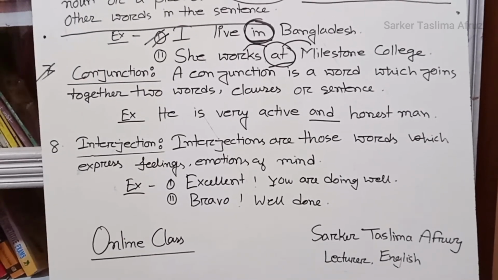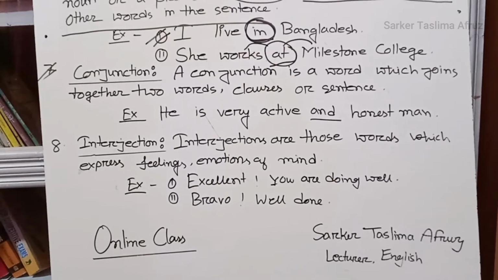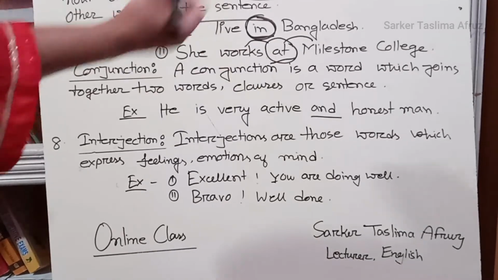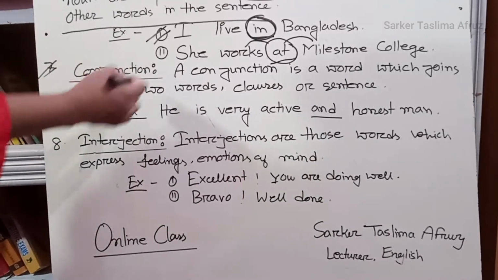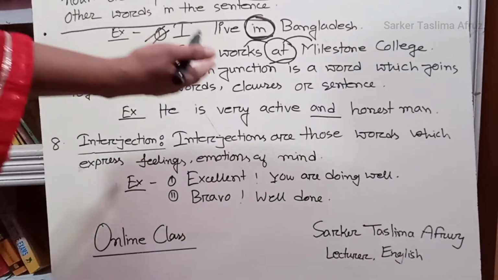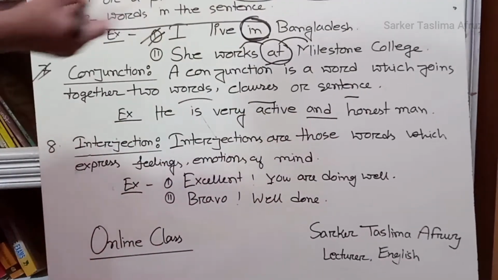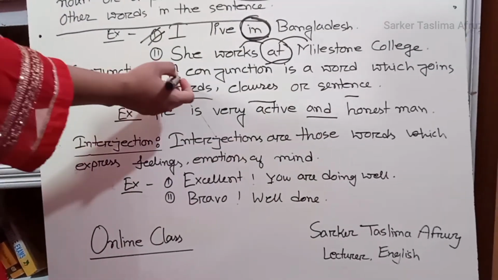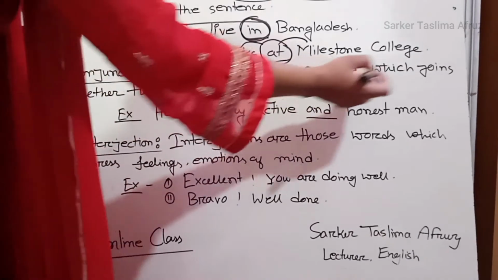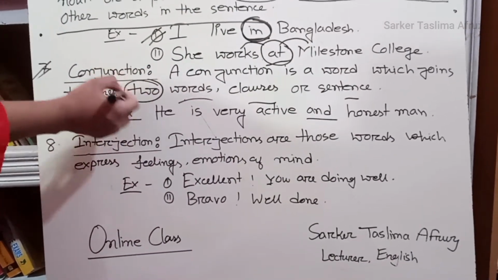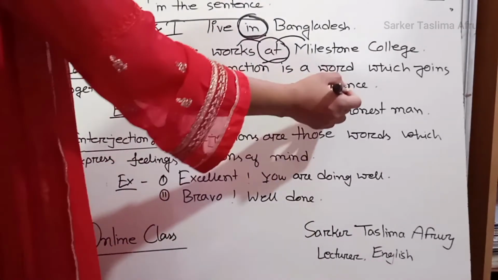So dear students, if we want to write a nice and attractive sentence, it's important to know about conjunctions because they help you join words, clauses or sentences. Well, now to the definition. A conjunction is a word which joins together two words, clauses and sentences.